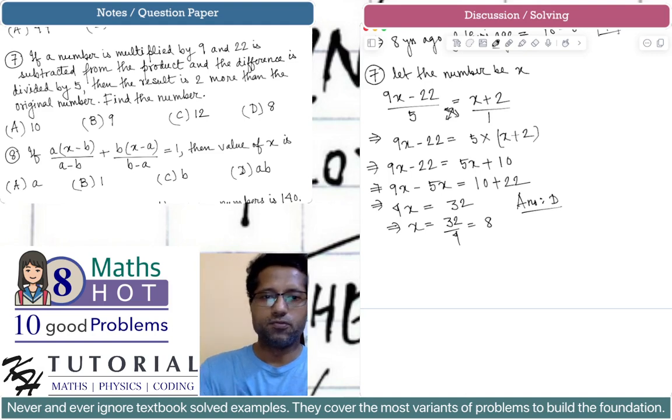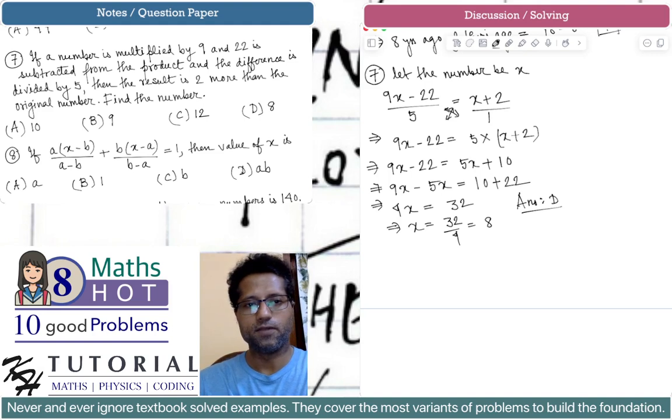So it was very crucial to understand what information it is giving. That is, if a number is multiplied by 9, it becomes 9x, and 22 is subtracted from the product, so it becomes 9x minus 22.